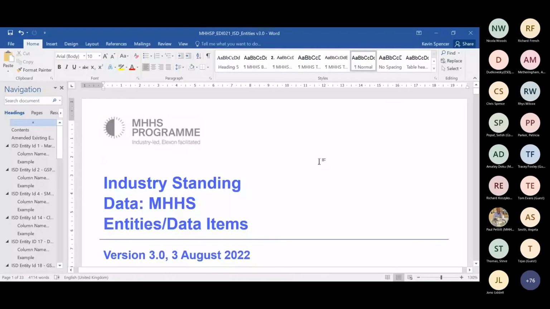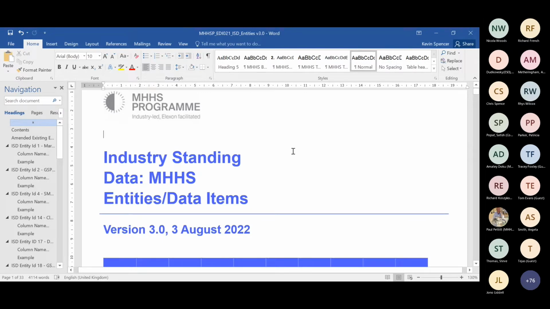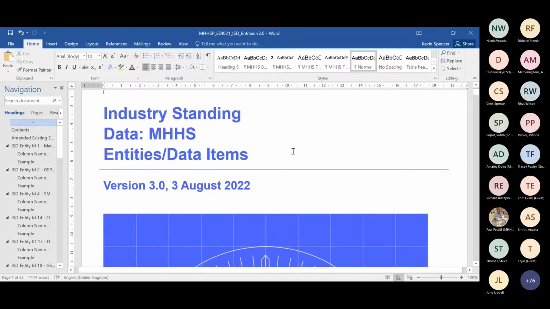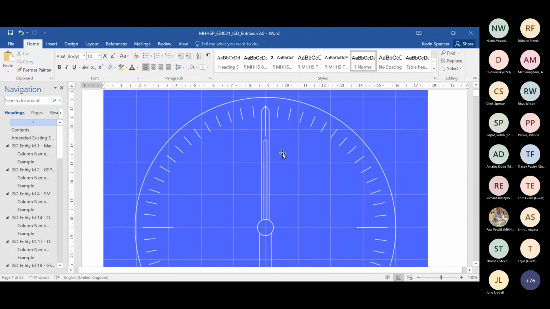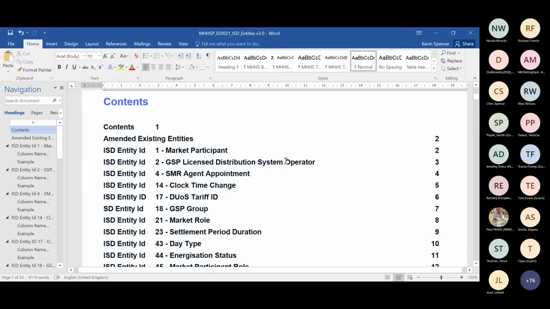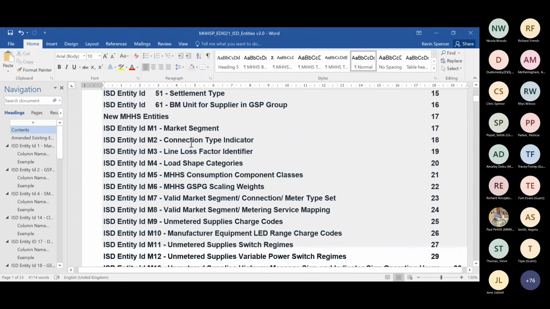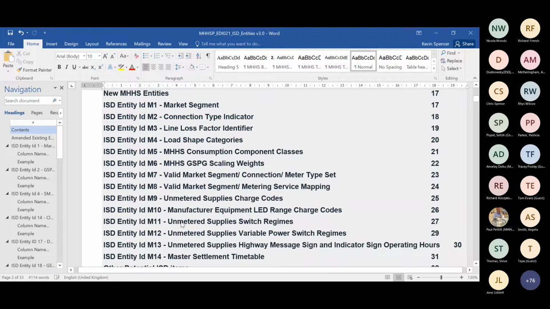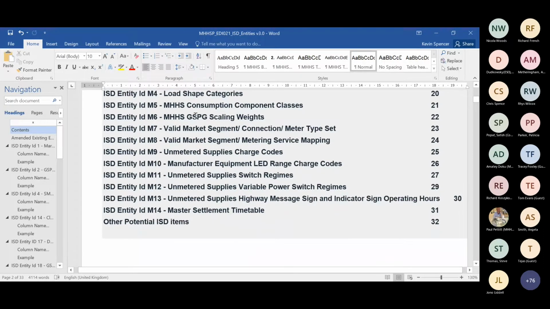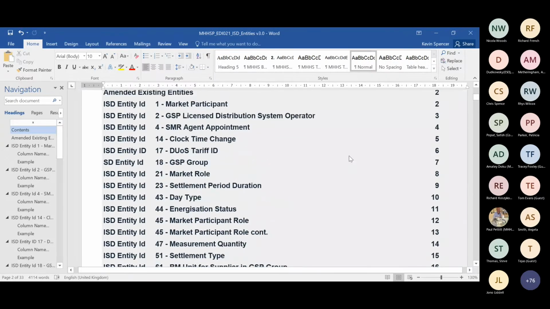Can everybody see that? Yep. Okay, so this is the version that we published, which is 3.0. You can see in the contents here the list of the amended existing entities, and then there is this set of new entities here. Please note that the master timetable will be one of these entities.